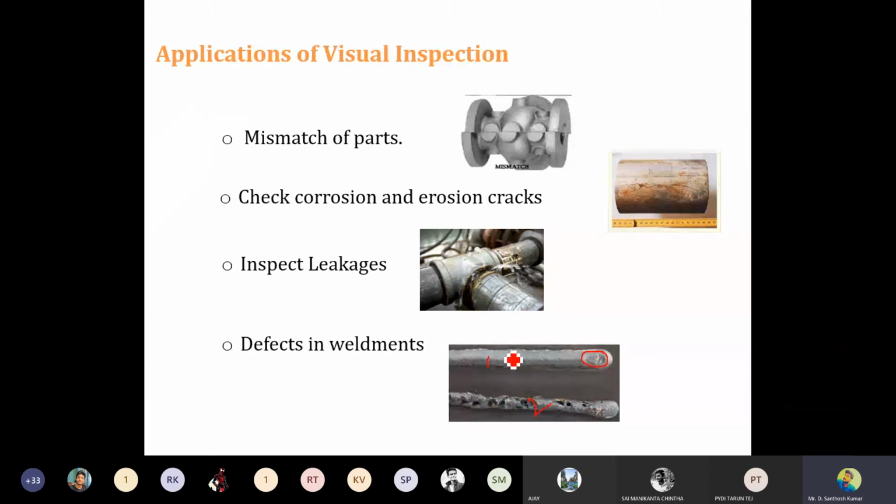If you examine it with some more techniques, then you may detect some more flaws or defects. But here there is a lot of porosity, blowholes and all these things. All these things you can easily see without any equipment. With the eye only you can easily detect that.